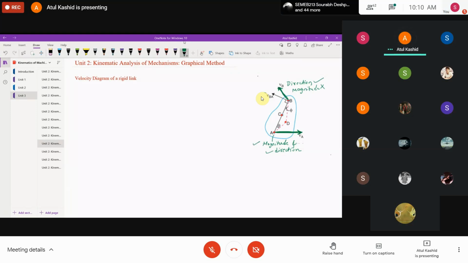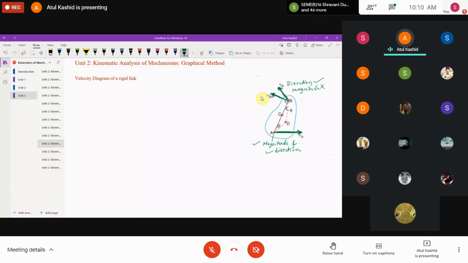Then we have VBA. So what is this VBA? This is the relative velocity of B with respect to A. Its direction, as I told you in the previous lecture, will always be perpendicular to the link AB.